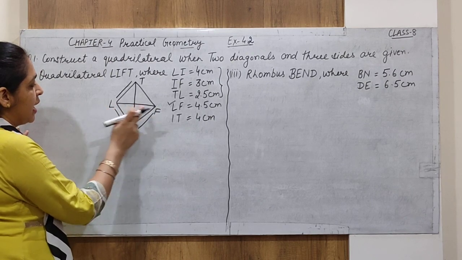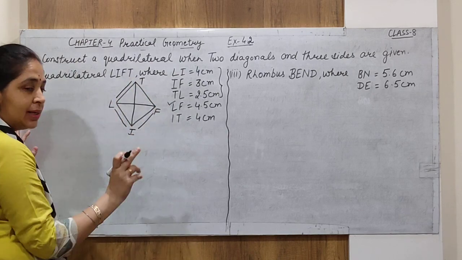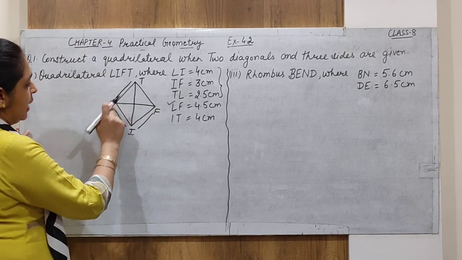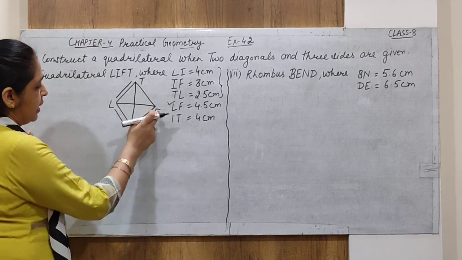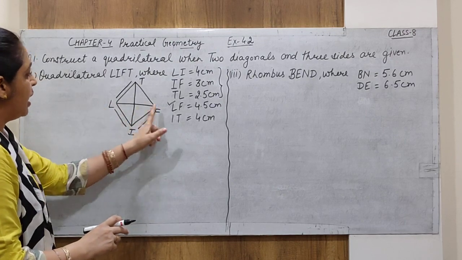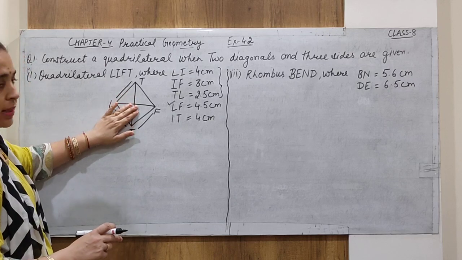If I select LF, then LIF is one triangle and LTF is the second. So LF acts as the base for these two triangles.